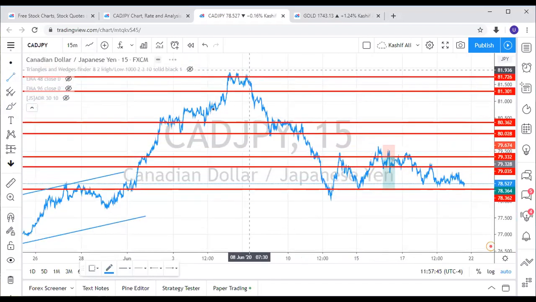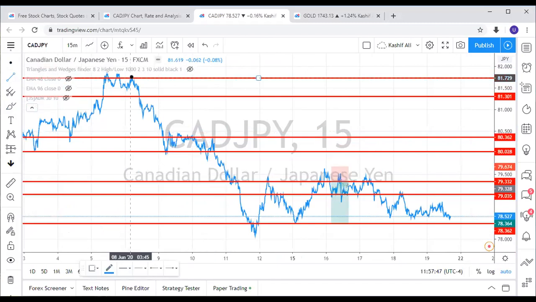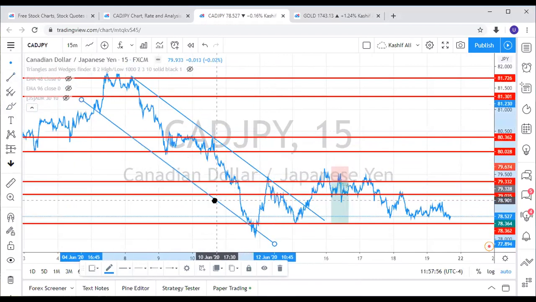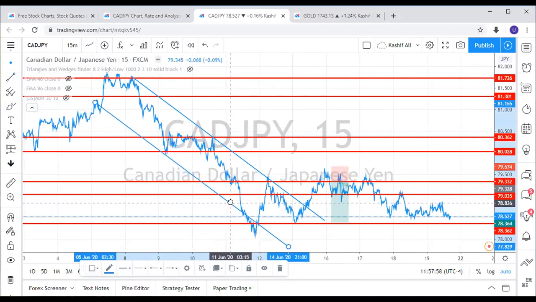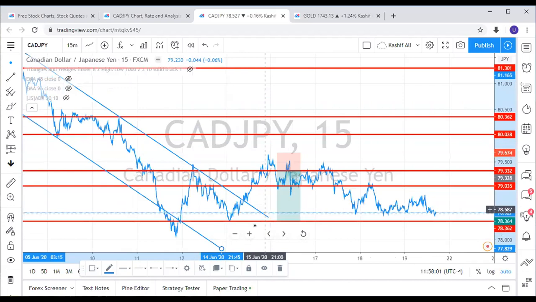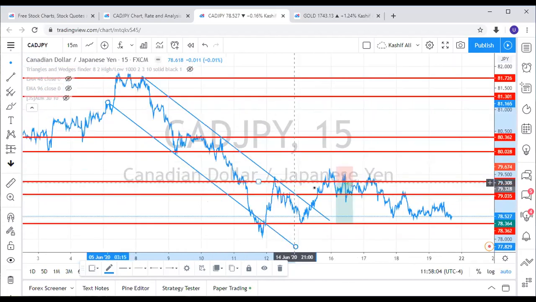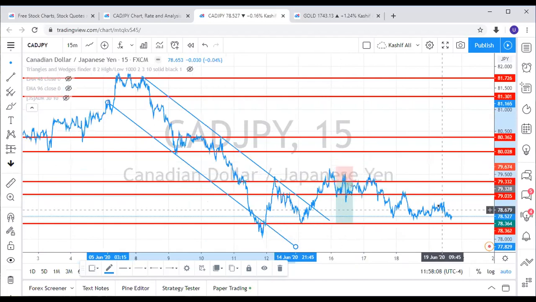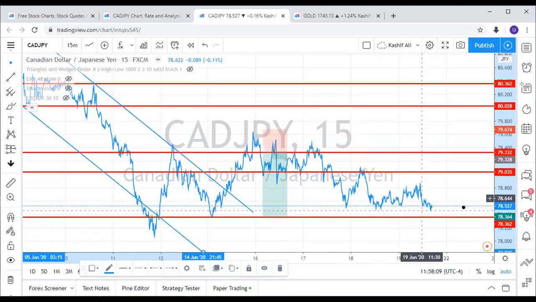For example, this is a channel, and it is trying to break through this key level, but it's unable to. When it's rejected, it just goes on.